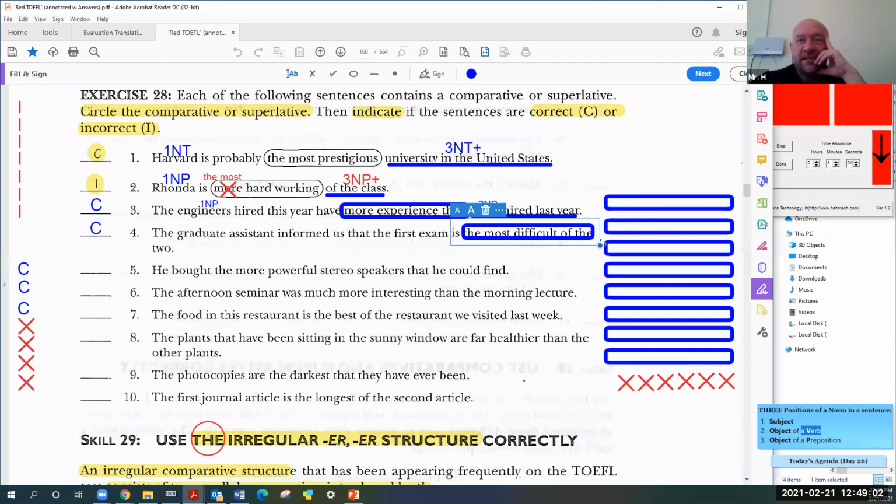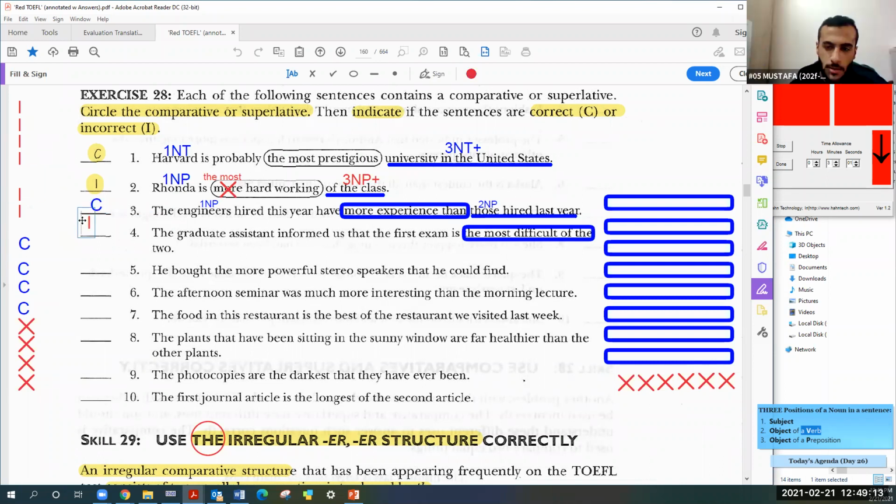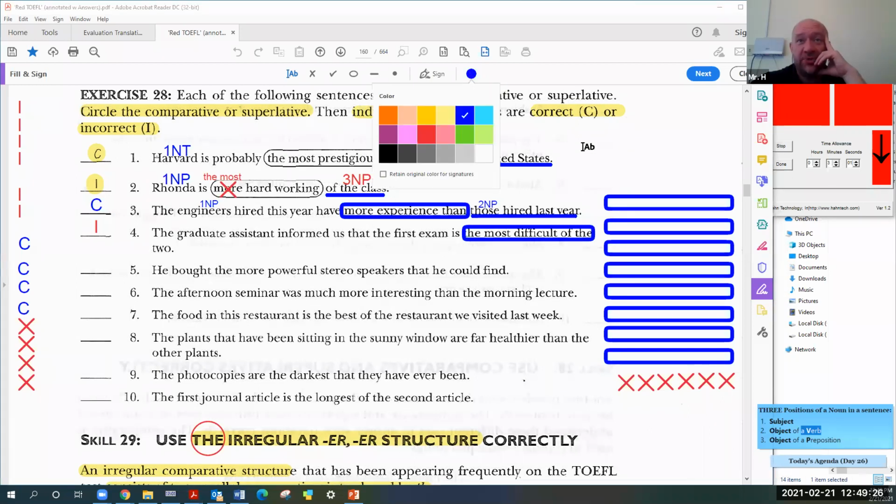You just lost marks in TOEFL, Abdul Majid. This is incorrect. Anybody know why? Can anyone explain it? Because we don't have noun after most difficult. Because it's just 2. Exactly. We only have 2 things, right?